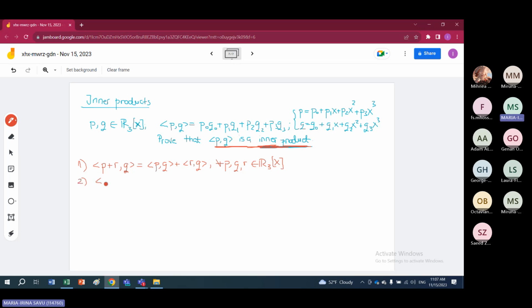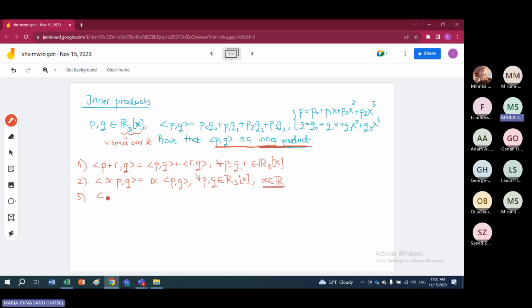You have to prove that alpha times P and Q is actually alpha times PQ for every P, Q polynomials and alpha a real constant, because this space is a vector space over R.